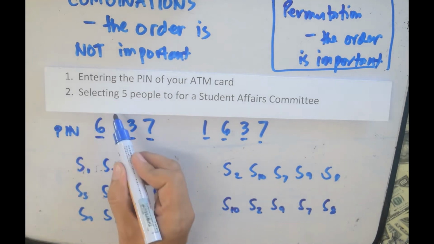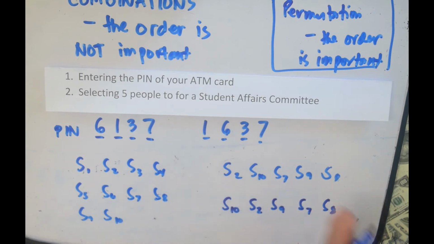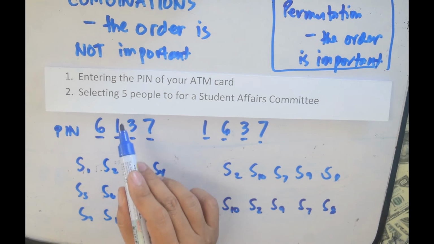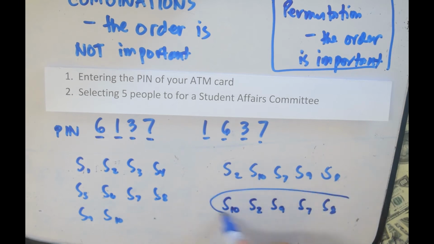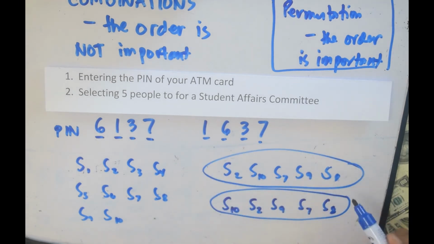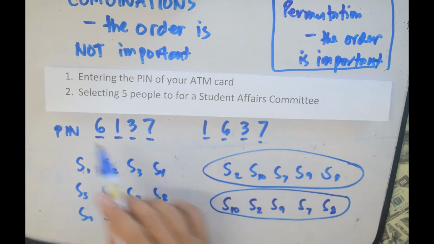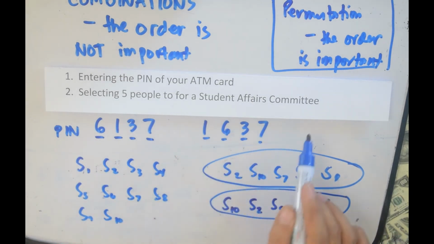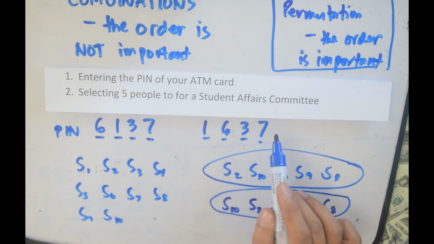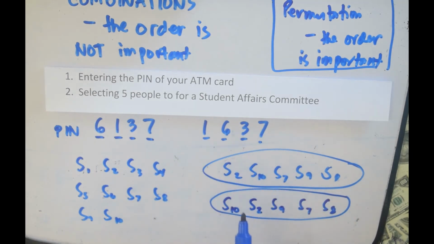You are not going to arrange them in order, you are just going to select them. Same people, therefore these two arrangements are the same. Therefore, in number 2, in selecting 5 people to form a student affairs committee, the order is not important.